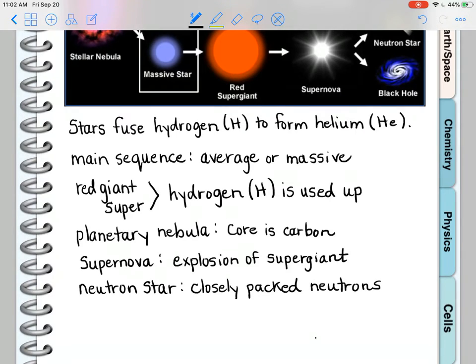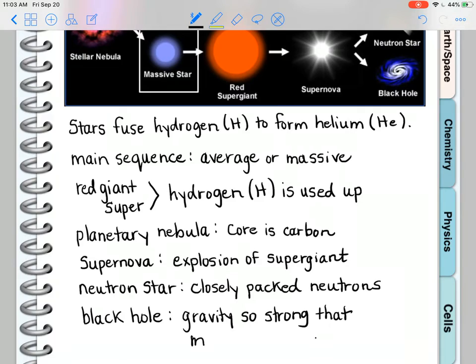Or that supernova can become a black hole. And you may have heard of black holes in Star Wars movies and so on. A black hole is an area that has gravity so strong that nothing can escape. No radiation, no matter, nothing can get out. So gravity is so strong that matter or radiation cannot escape.